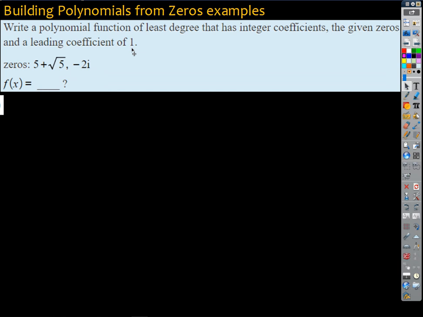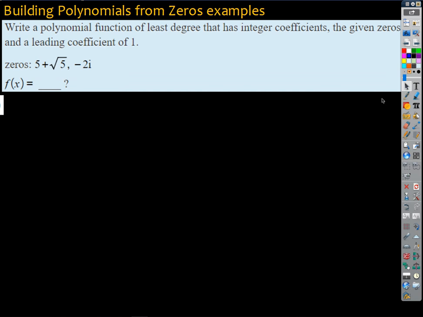So how could we do that? If I know that those are zeros, how could I build this thing? What do you think? Yeah, each of those goes with a conjugate, right? By the irrational root theorem, we know that if we've got rational coefficients, and they're integers, so obviously they're rational, then I know that this one has to go with that one, and that one has to go with 5 minus radical 5, like the problem we just did.